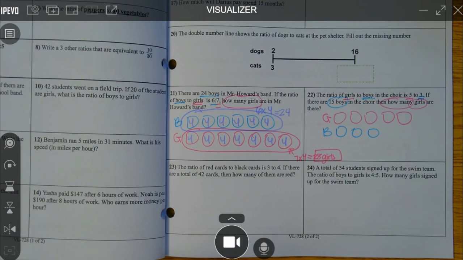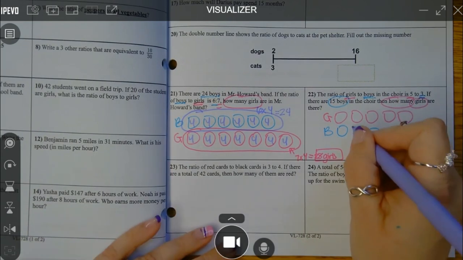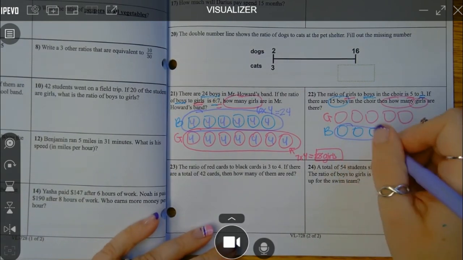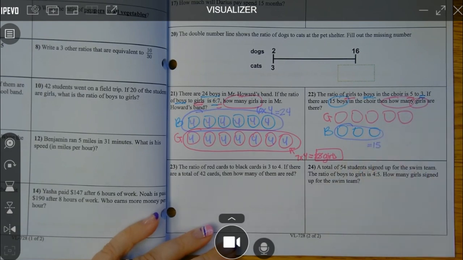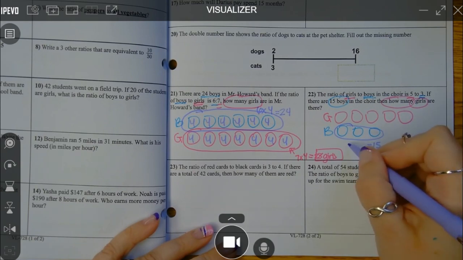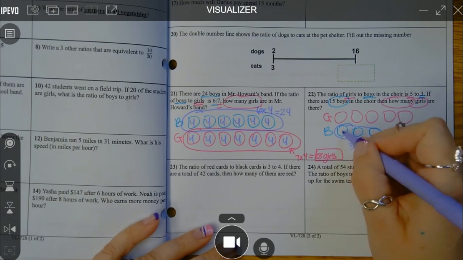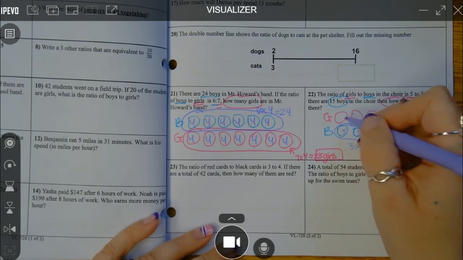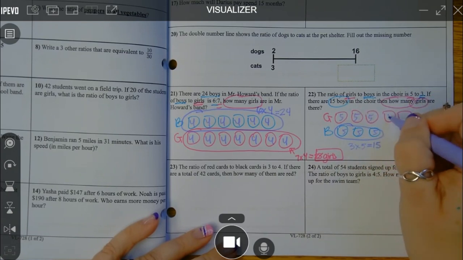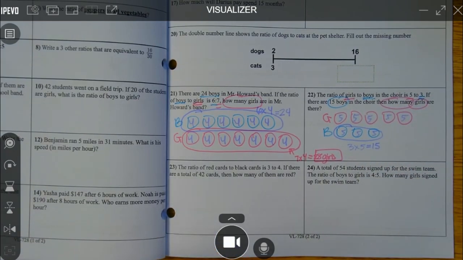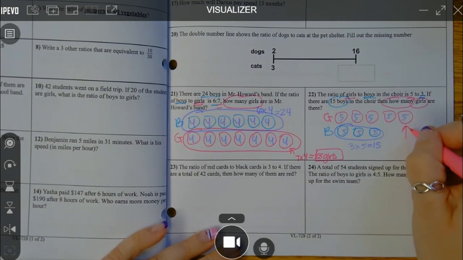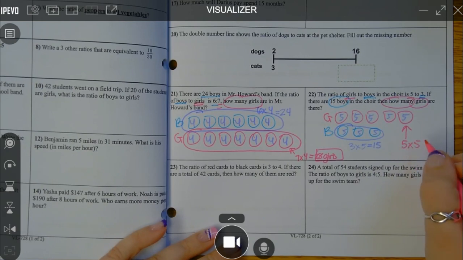Well, 15 is talking about what? Yeah, the number of boys. So these boxes have a total value of 15. How much is each one worth? There are 3 boxes, and in order to total 15, each one had to be worth 5, right? 5, 10, 15. So all the boxes are worth a value of 5. Now I can use that to answer the question. How many are girls? There are 5 boxes that are each worth 5, and so that means there are 25 girls.